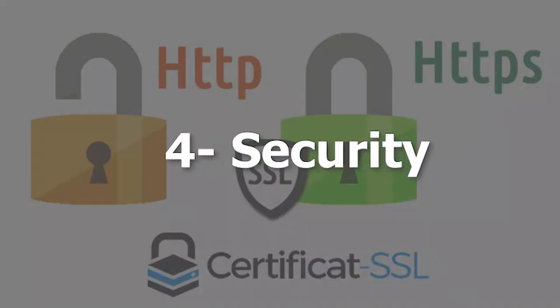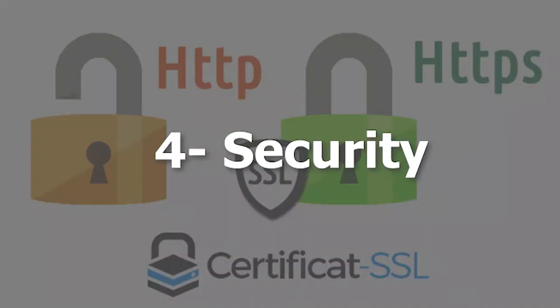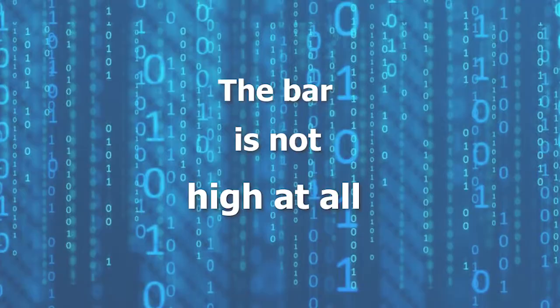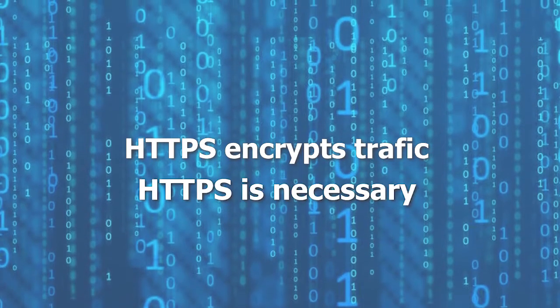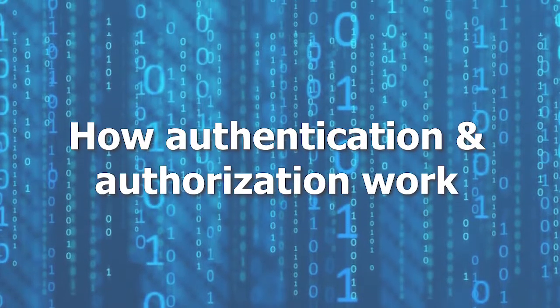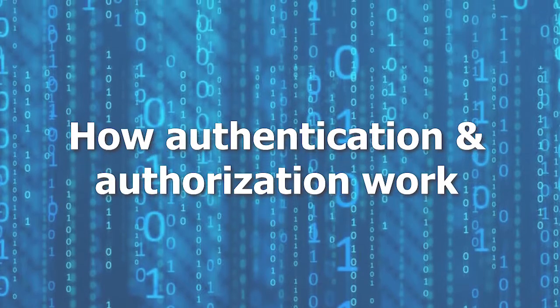Number 4, security. When it comes to security, the vast majority of software engineers are insanely, just pitifully weak. So the bar is not high at all. The bare minimum you should know is that HTTPS encrypts traffic, that HTTPS is necessary for any application where customers send you information, and you should know how authentication and authorization work. I think at least just one modern token-based setup for authorization and authentication.